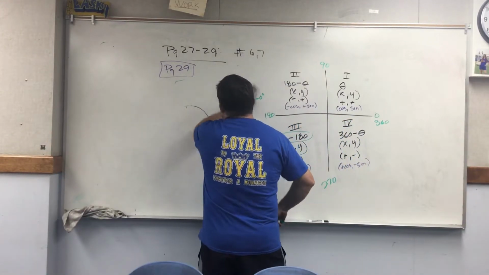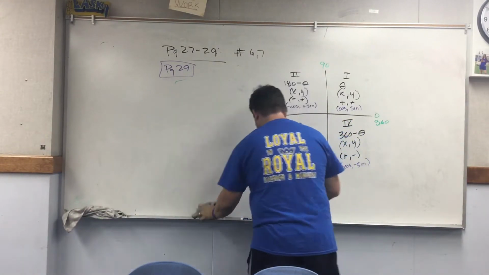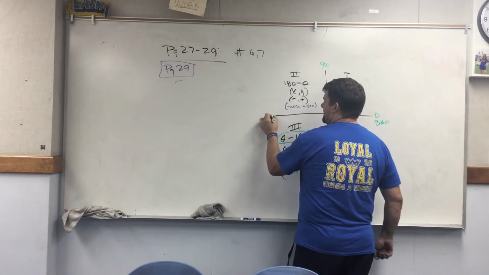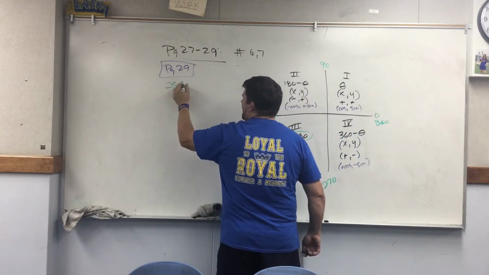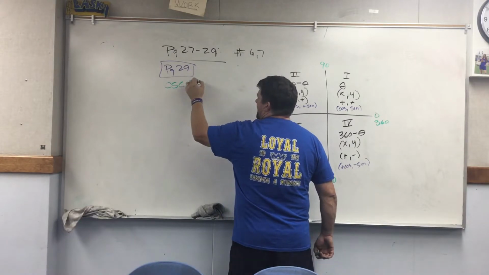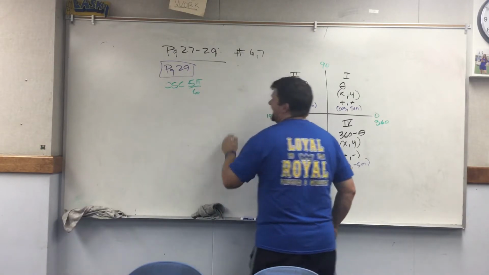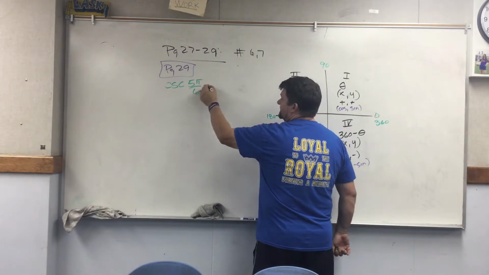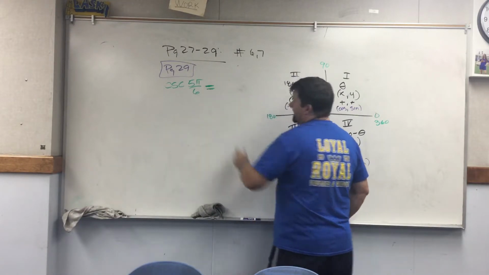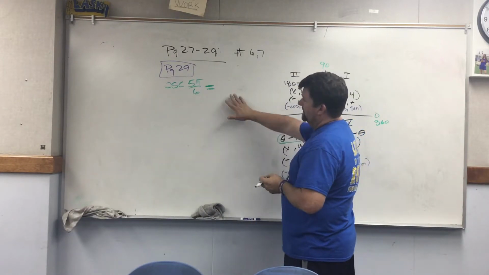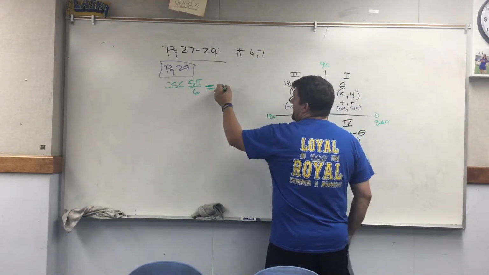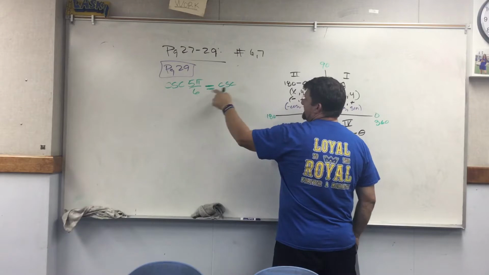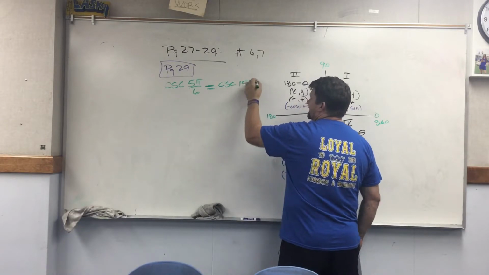Okay, so let's erase that one and deal with the 5 pi over 6. So we have 180 degrees, and we want the cosecant of 5 pi over 6. If you don't like this, convert it to radians. You guys are just going to have to realize that converting to radians is something you're going to have to memorize the conversion rate. And so that is equal to 150 degrees.